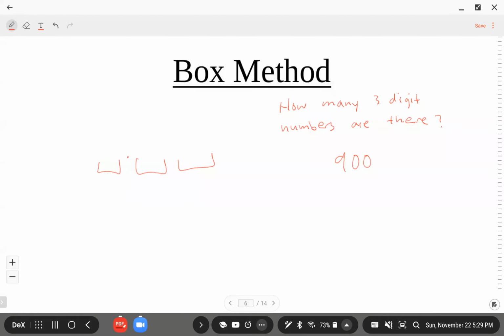So the box method, we're always multiplying. This box method is extremely important. We'll use this a ton. So please write down notes on this. You just multiply all these boxes together.